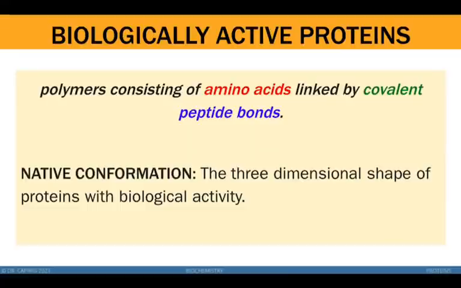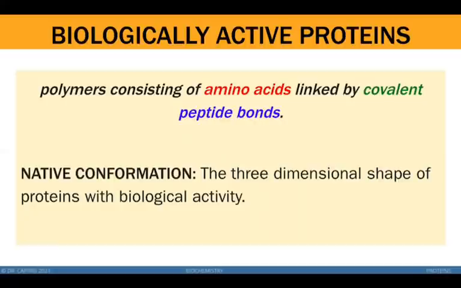And we have the term native conformation. Please take note, this is conformation, not configuration, because configuration tells you more about the amino acids, the L and D configuration. But when we deal with proteins, it's more on the conformation. When we say native, it refers to a structure of protein having a function, or a biologic activity.